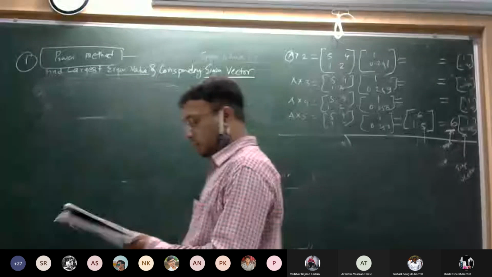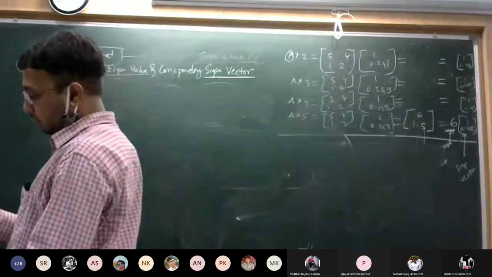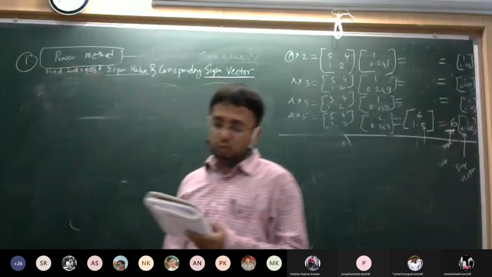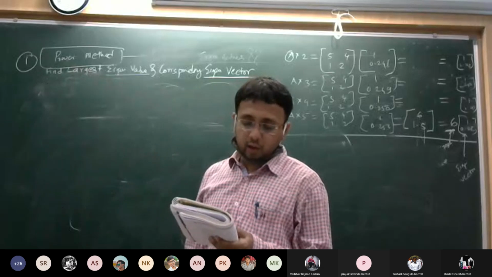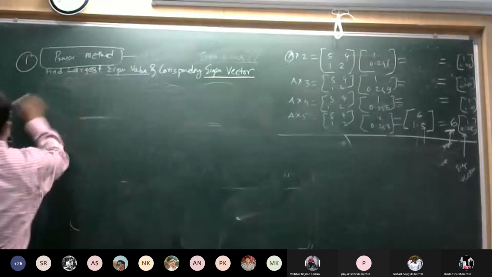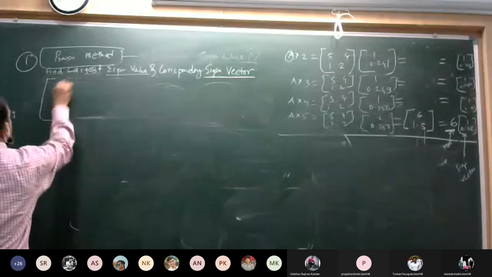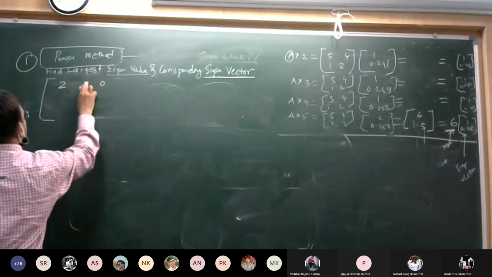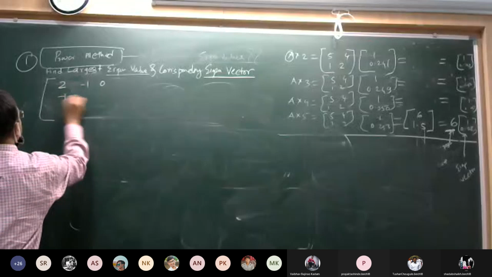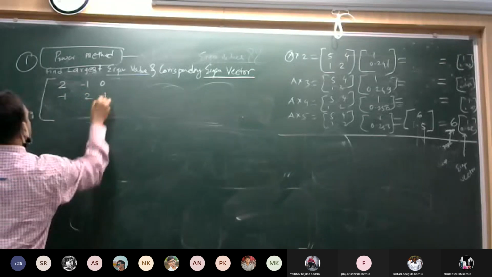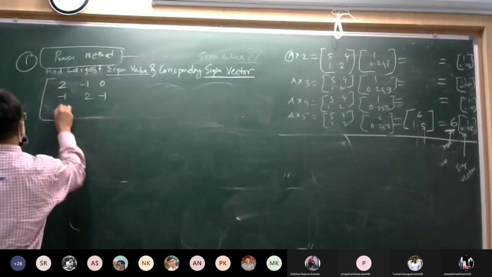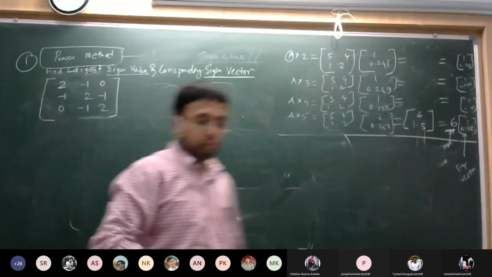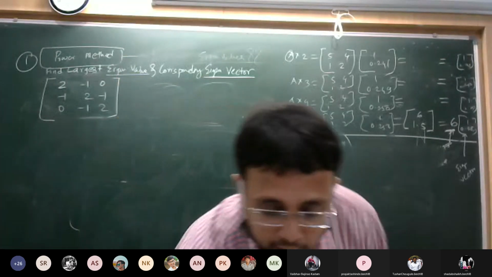We'll take the real problem that is asked frequently in examinations: a 3 by 3 matrix. Find the largest eigenvalue and corresponding eigenvector of the matrix. The matrix will be given as 2, -1, 0, -1, 2, -1, 0, -1, 2. These are the matrices given in an examination.